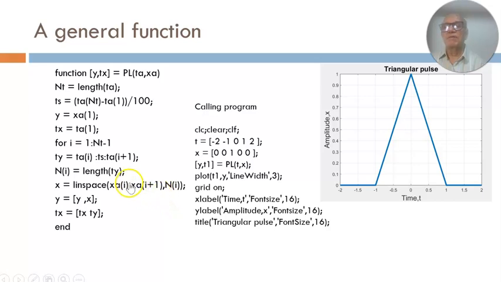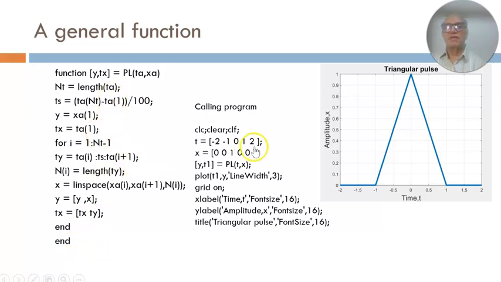So the first time you do it, all the intermediate points from 0 to 0 will be obtained, and so on. Then you concatenate with the initial value of y, that was xa(1). Then do tx equal to similarly tx, ty, and end. So this is where the for loop ends, and then of course this is the end of the function.